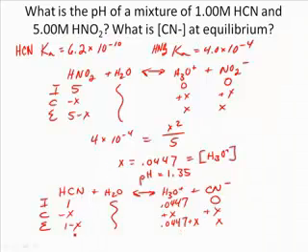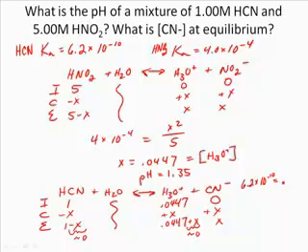And so again, we can use our simplification here. We have 6.2 times 10 to the minus 10 equal to, and we're going to say not only is this x going to be approximately 0, but that change in the x is going to be negligible as well.